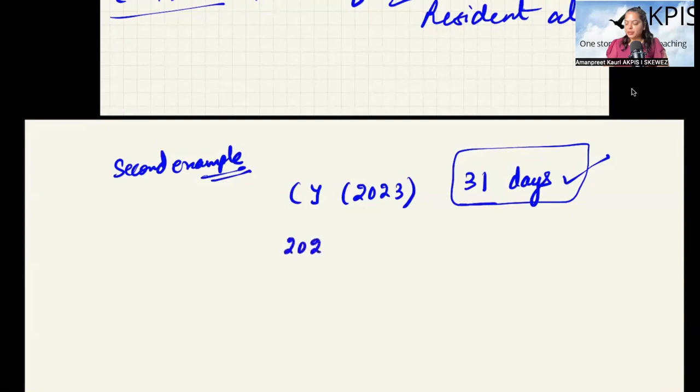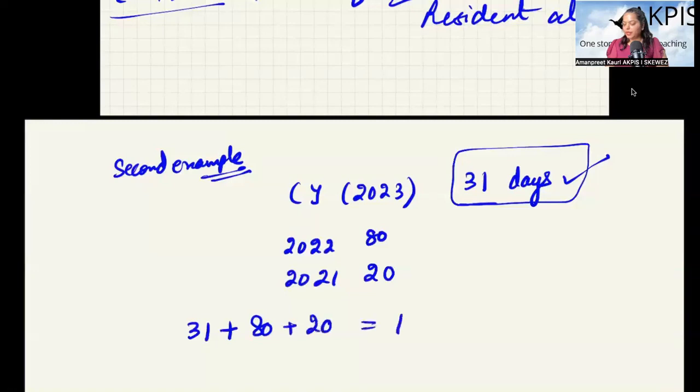Let's take 2022 and 2021. He's here for 80 days and he's here for 20 days. So if we add current year plus 2 previous years, it is 131 days, which is less than 183 days. So is this person a resident or a non-resident?